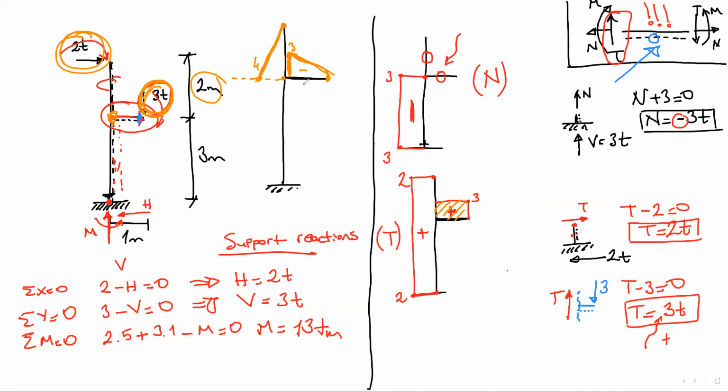And if we calculate at this point, a little bit under this column connection, let's do it. We cut the system from here. When I cut the system from this point, what am I gonna get?